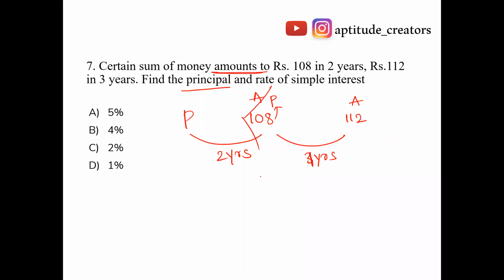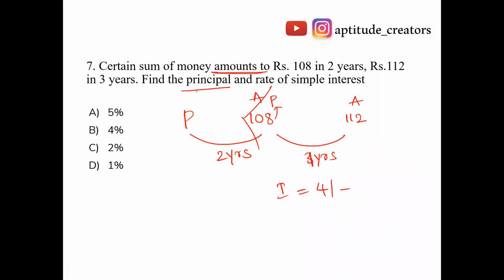How much is increased? The answer is 4. Excellent. 4 rupees is increased. Correct. Interest for 1 year is equal to 4 rupees.